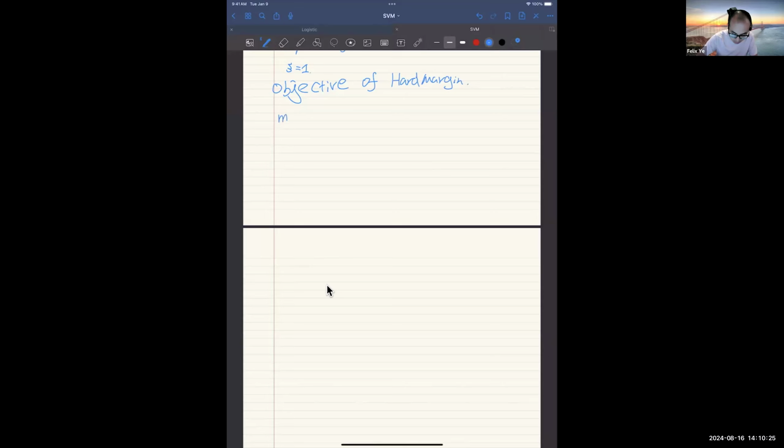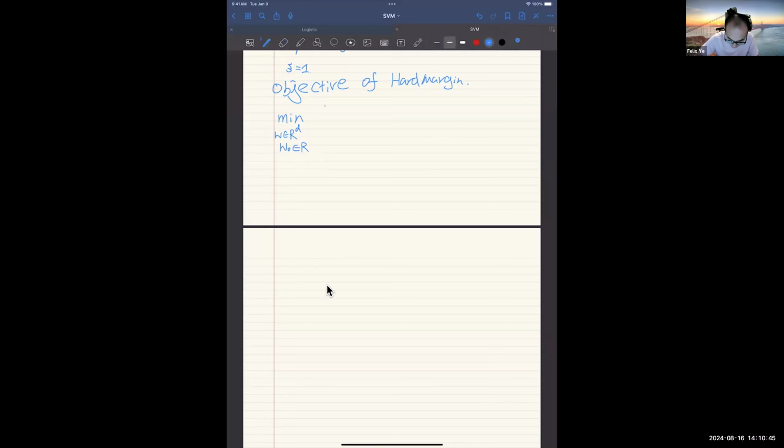is I want to minimize over my W in R^d, the W0 in R, and the c in R^n. So sorry, that's just hard margin, so I don't have a c here.